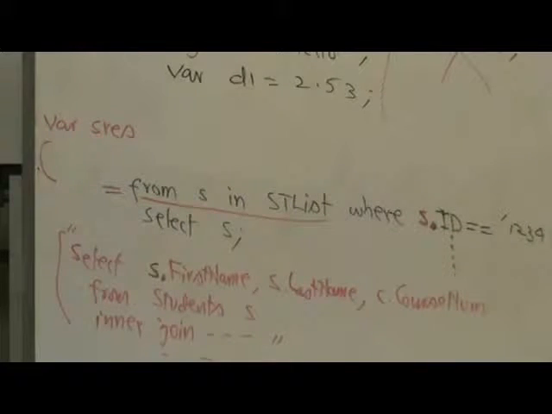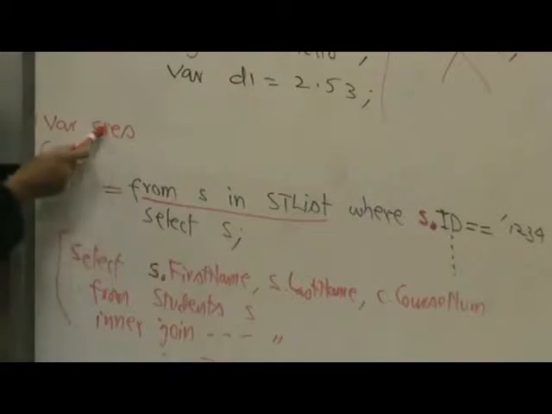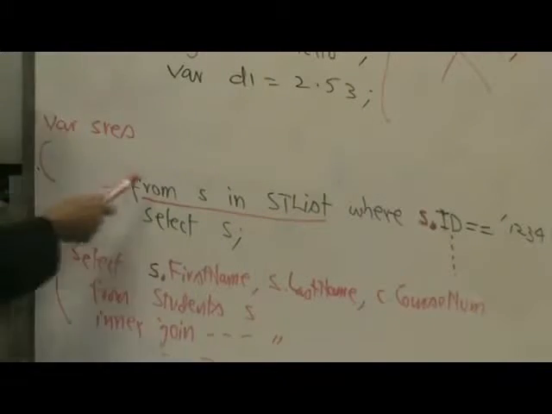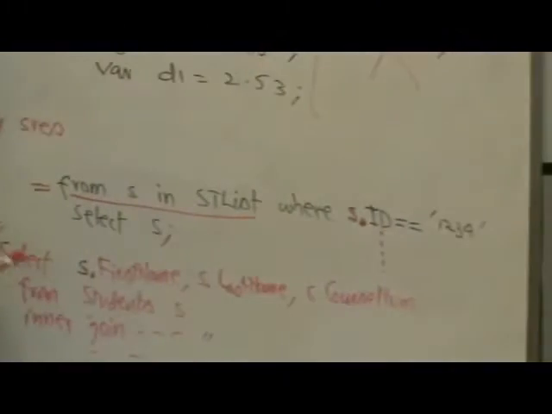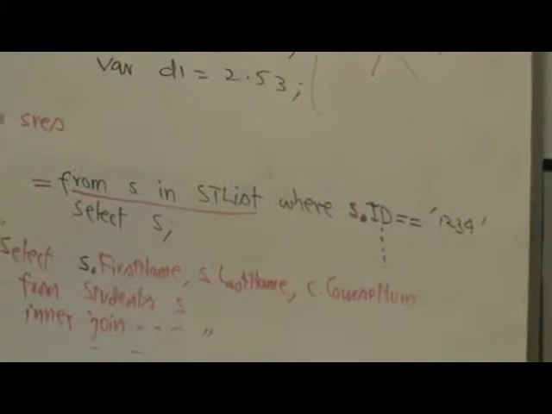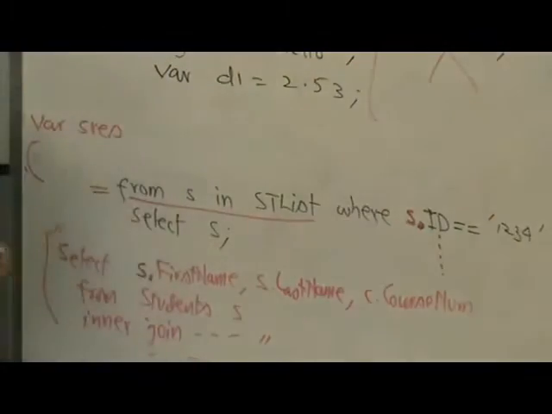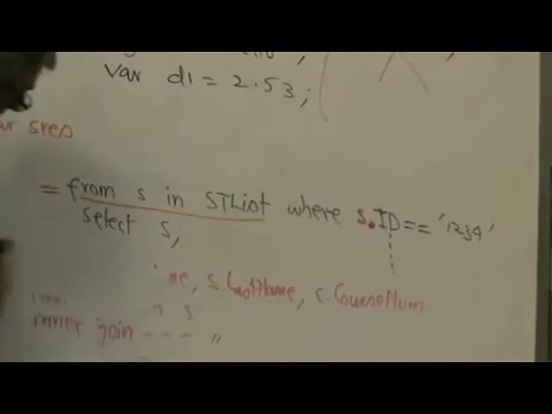Okay? So now the question is, because it's returning a list of students, and we know possibly there will be only one answer, or null if that student does not exist, correct? So how do we get to the student?